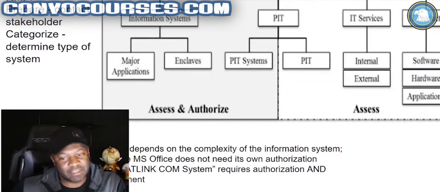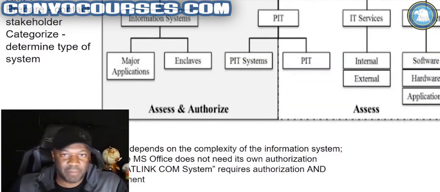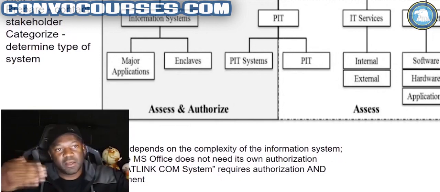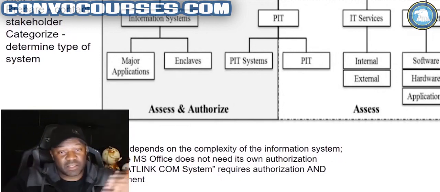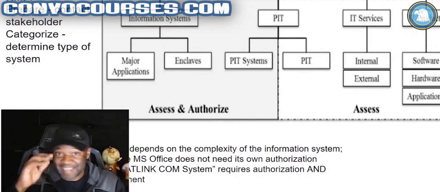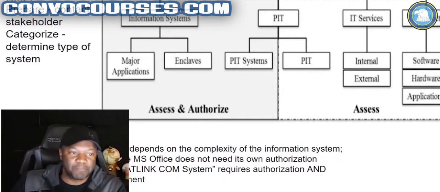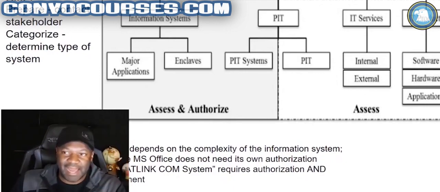So one of the main differences, and I'm going to keep this super high level. If you happen to be DoD, this will all make sense to you, and you'll start to understand where the differences are between the NIST 800 series and the DoD Risk Management Framework for IT. It's not that different. One of the main differences is that the DoD, the Department of Defense, has a specific category of information technologies.